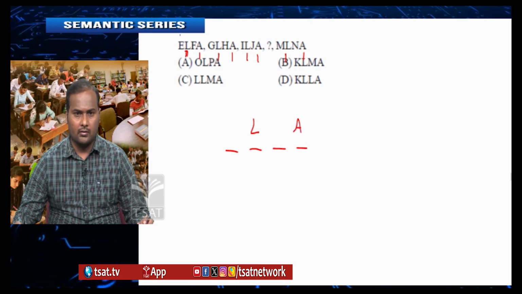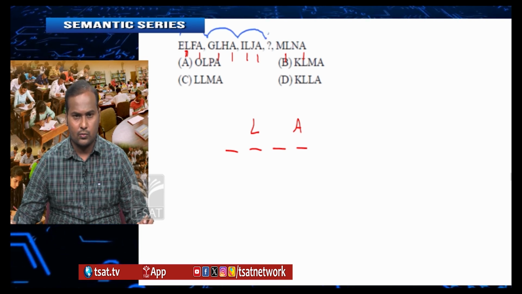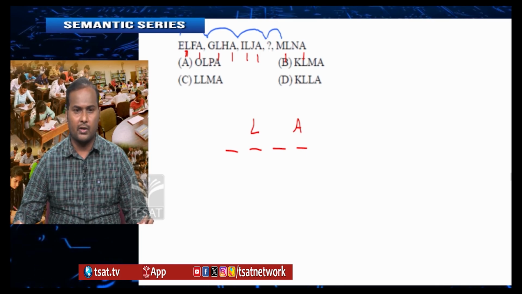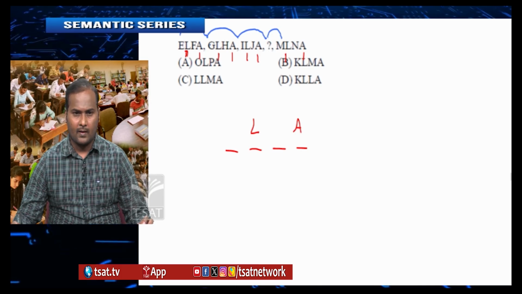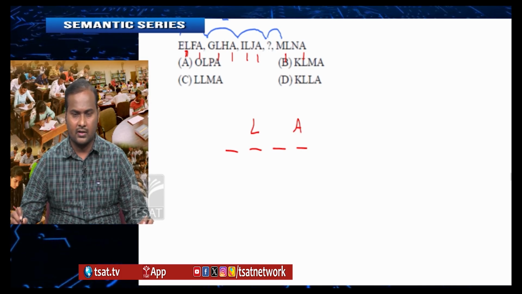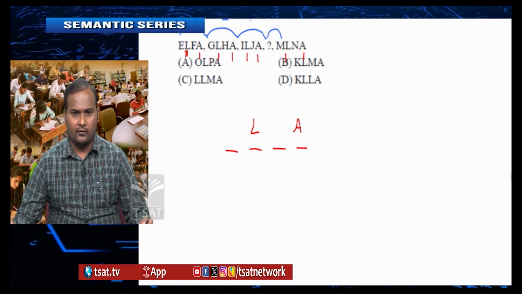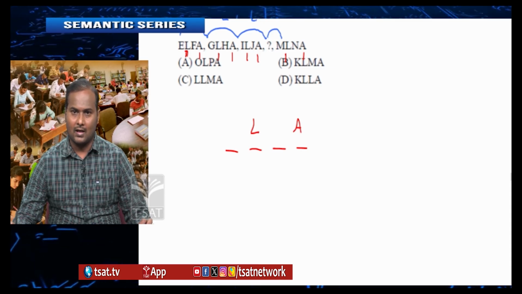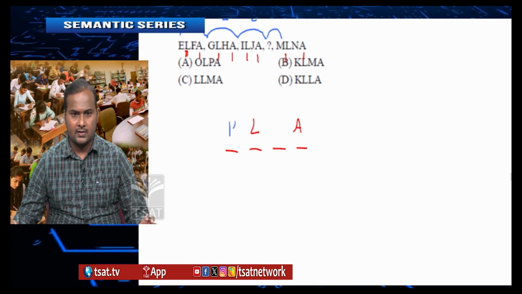If you see here E, E to G is G to I, next one, and M, right? So E to G, E is 5, G is 7, so increasing by 2. Next one is G to I. So G is 7, I is 9, here also increasing by 2. Obviously here also it will increase by 2. I is 9, 9 plus 2 is 11, 11 is K. So obviously you will get the answer here, K.